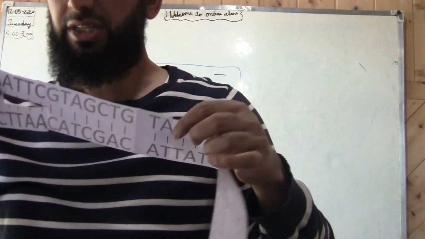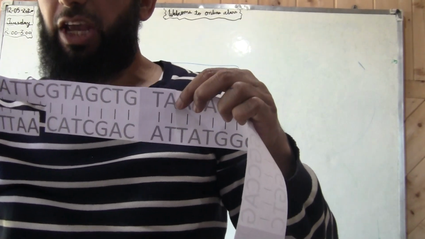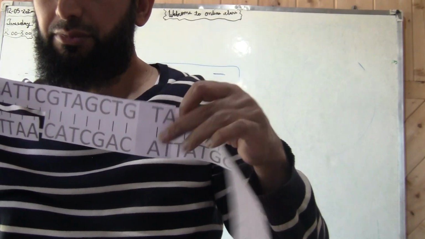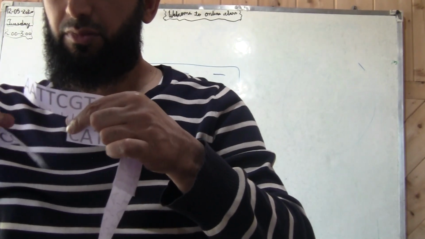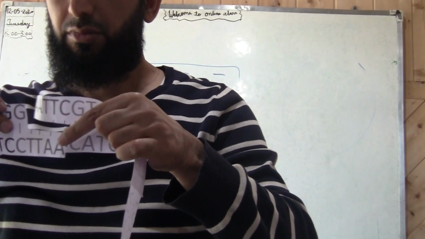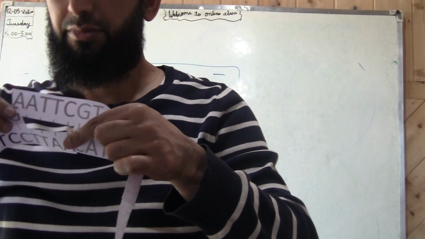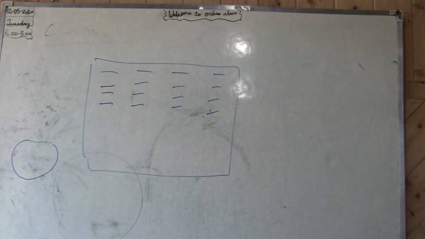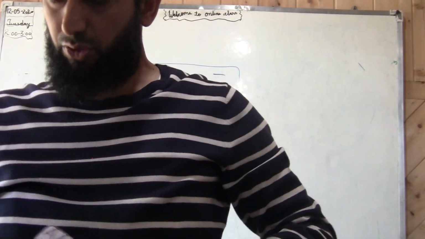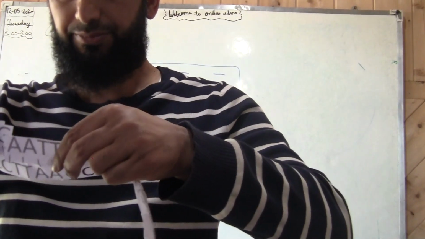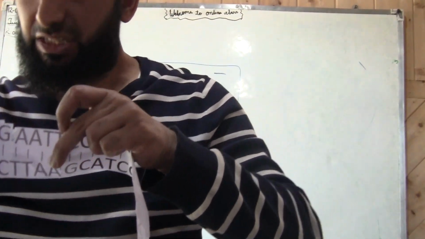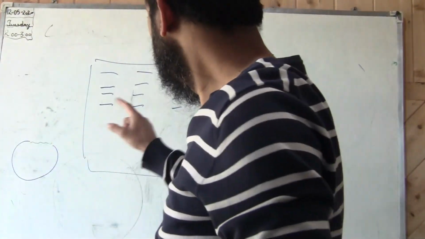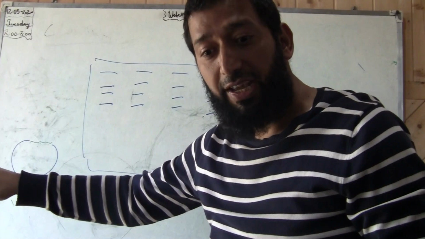My question to you is, will we be able to digest it again with EcoR1? Yes, we will be able to digest it with EcoR1. So we take our plasmid and digest it with EcoR1 again.